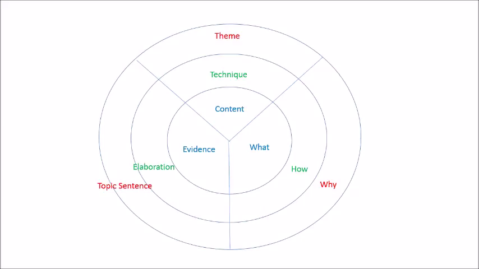Now let's look at the final quadrant, which puts it into the context of writing. As you can see here, the theme is linked to the topic sentence, because when we start a paragraph, the most important thing is that we're covering this question of why. Why did the author do this? We always start our paragraph with a topic sentence, and therefore we always start by identifying a theme. The elaboration covers the technique.